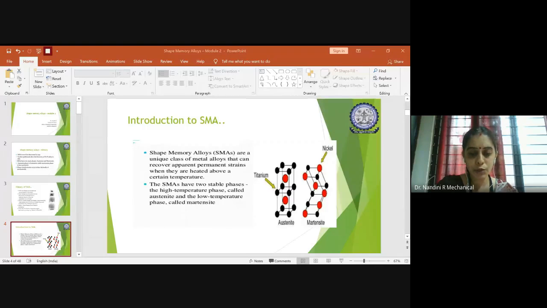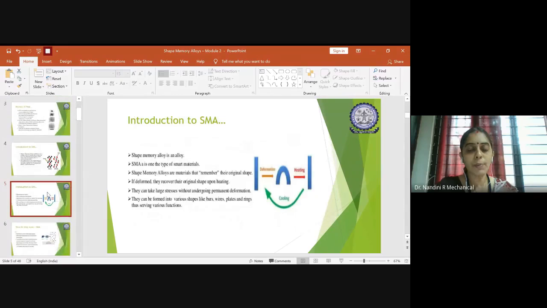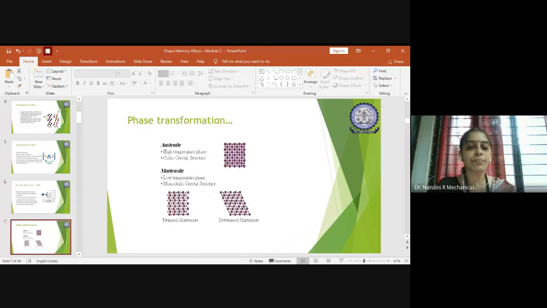We started speaking about its history, how it originated, how it works exactly, what are its classifications, right? So we spoke about the introduction, how the deformation comes into picture when heating, when cooled back, how it goes back to its original position. So we spoke about their working nature. Then we spoke about the phase transformation which comes across during the austenite and martensite phase.